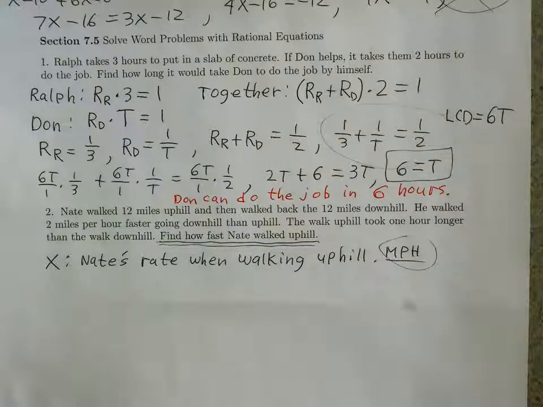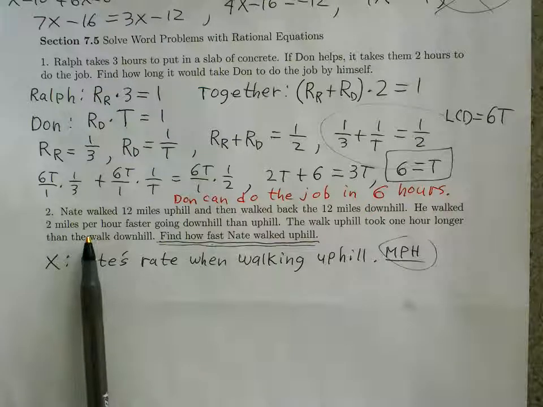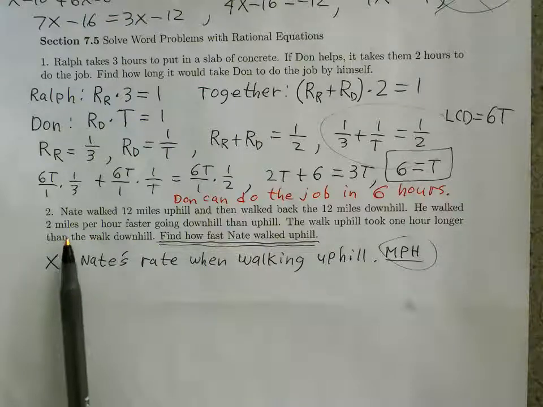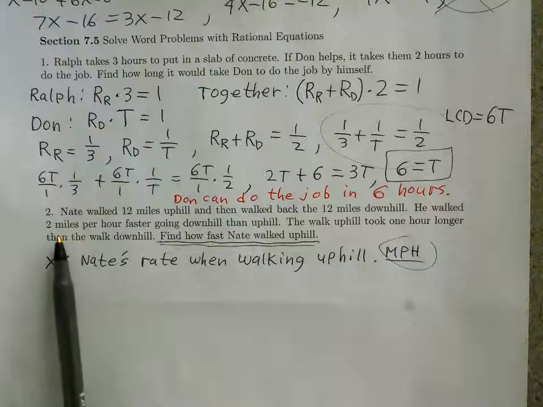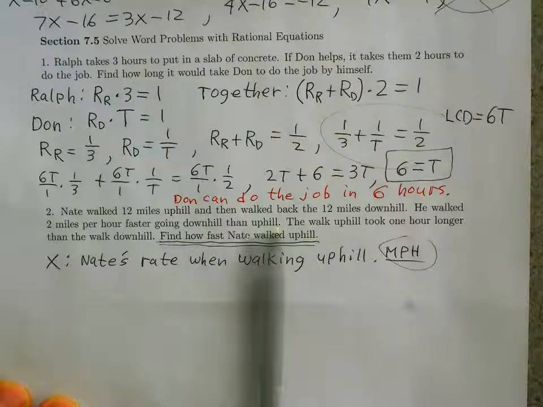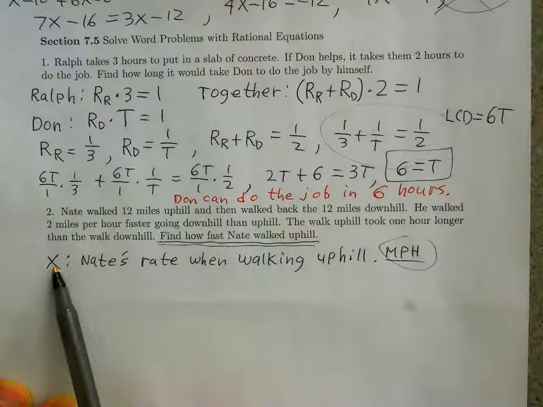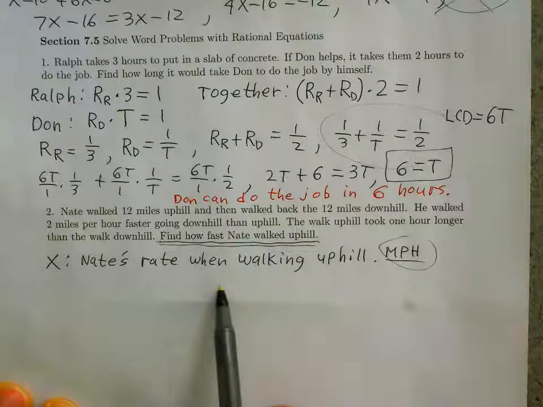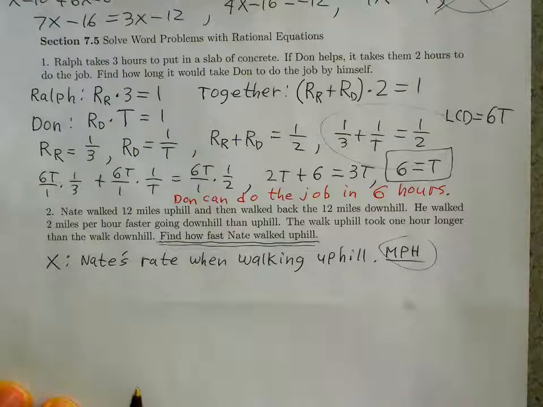Okay, what other information is given? Well, in the second sentence, we're told something about the rate going downhill. When he was walking downhill, he was walking 2 miles per hour faster than when he was walking uphill. So if X is the rate walking uphill, the rate walking downhill is how much?